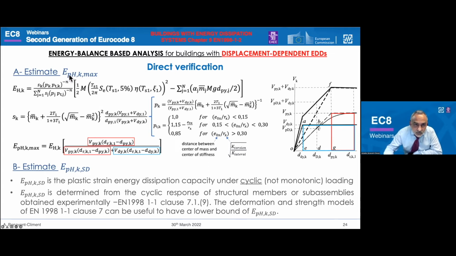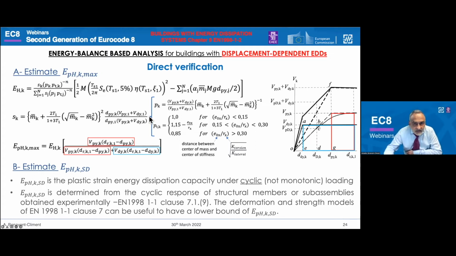We have to distribute all this energy in brackets among the stories. And this distribution is made using this law that was proposed by Akiyama that depends on two parameters.